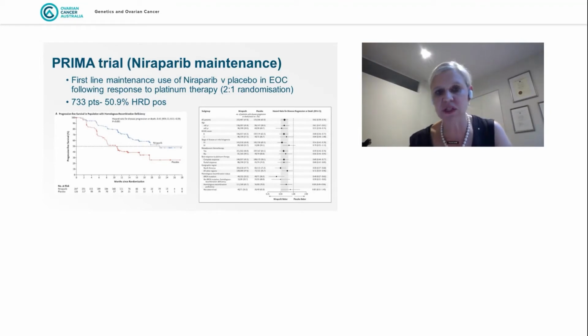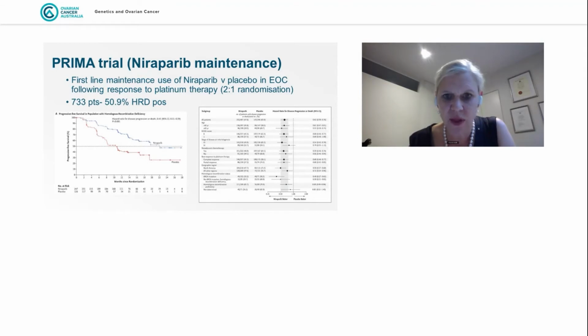You can see that in all women with homologous recombination deficient tumours, and about half of the total number of patients had homologous recombination deficient tumours, you could see a very significant difference again, with fewer tumours relapsing if they were given niraparib versus those who received the dummy drug. Again, these curves start to separate out at around that 3-month time period.